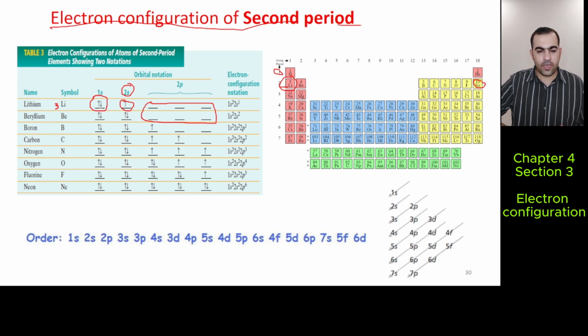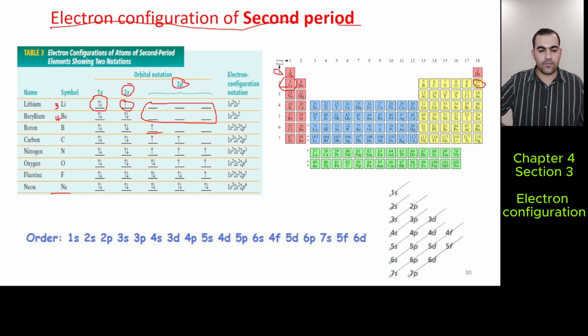Beryllium is also 1s2, 2s2, since its atomic number is 4. Boron, look, 1s2, 2s2, and for boron, as we did before, has only one electron in what? In the 2p sublevel. This is also like that.